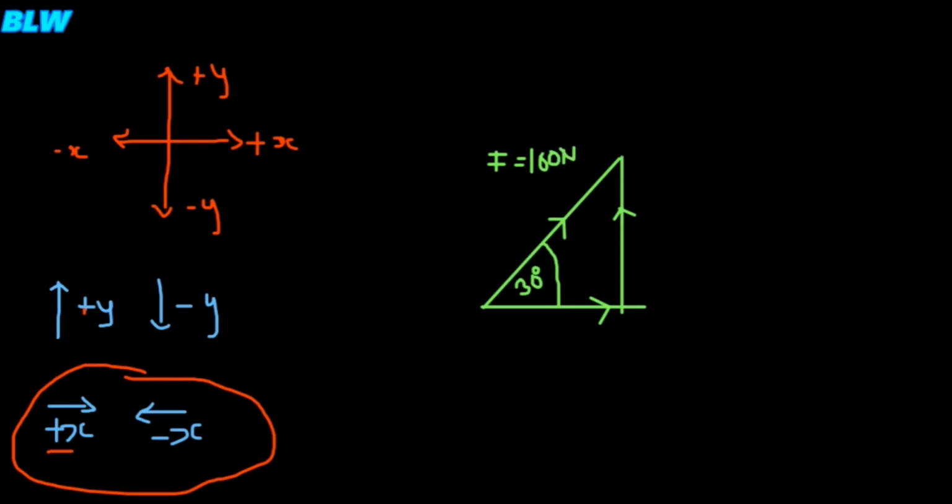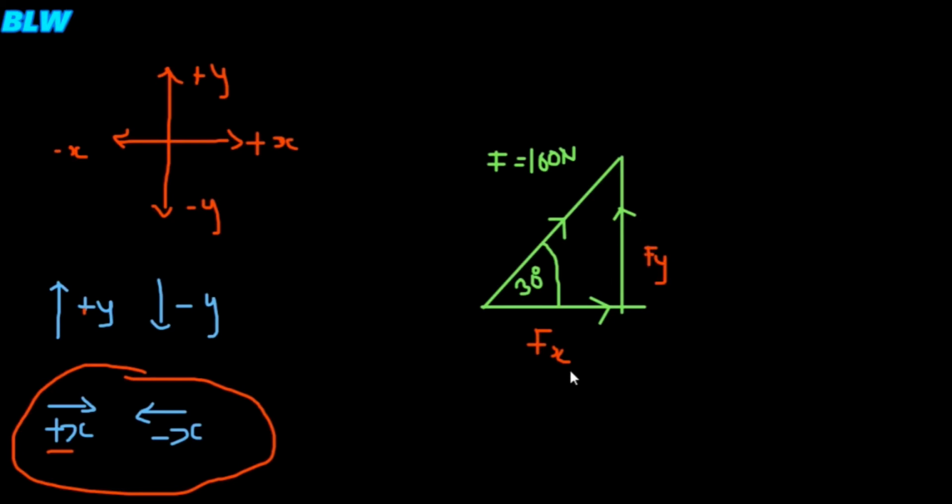You want to find the components of this force. Looking at the direction of this force, the x component, Fx, will be positive. And the y component also, looking at the direction here, will be positive. That is Fy here.